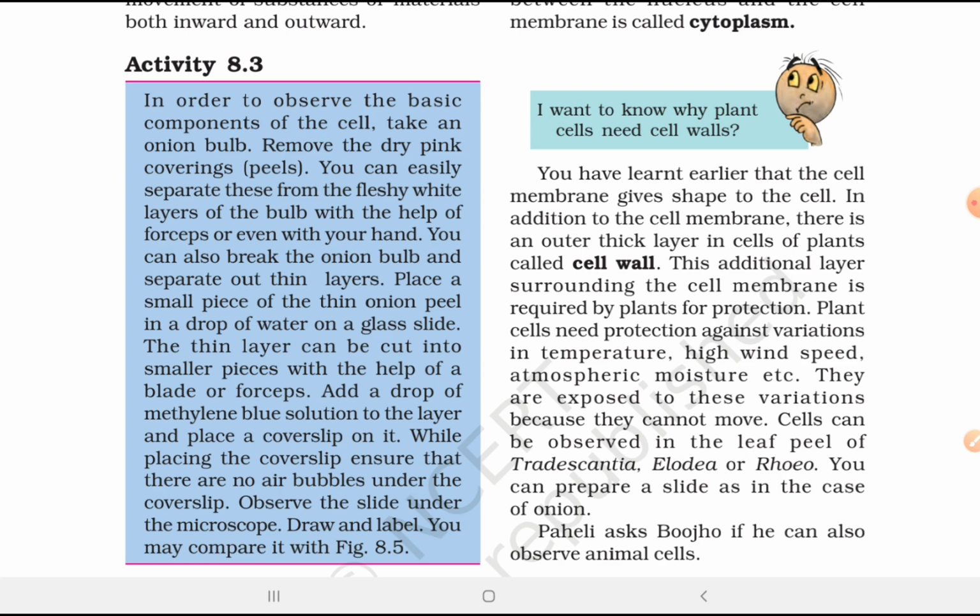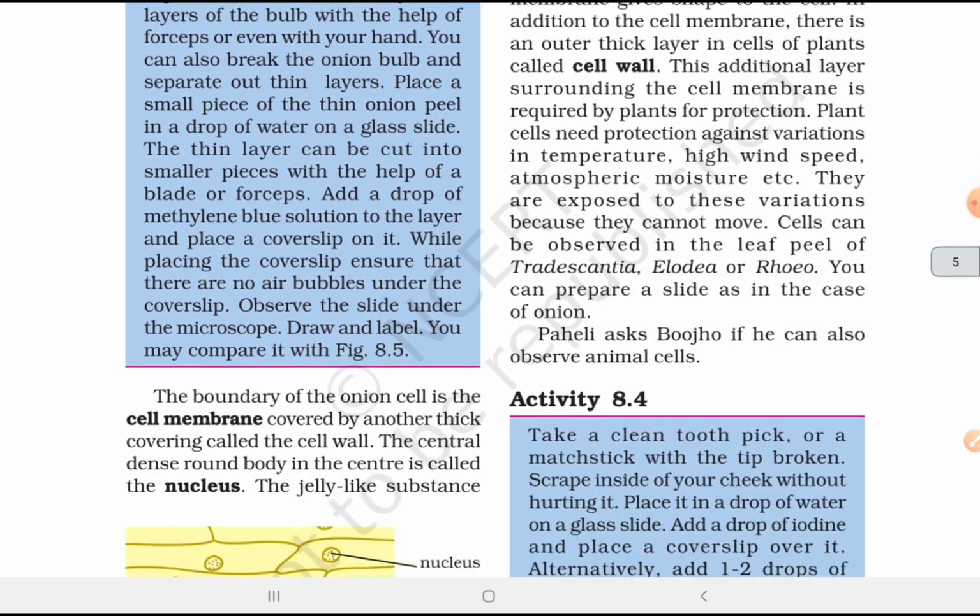Add a drop of methylene blue solution to the layer and place a cover slip on it. While placing the cover slip, ensure that there are no air bubbles under it. Observe the slide under the microscope, draw and label. You may compare it with figure 8.5.